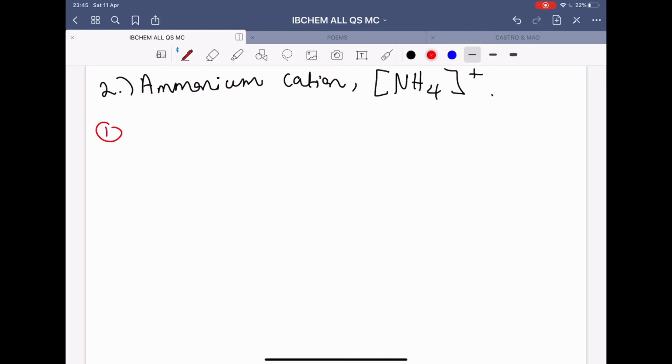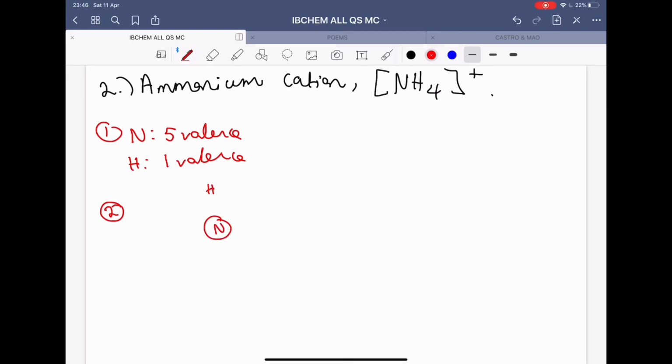I'm going to follow the exact same process as I did in the previous question. The process of how you find the molecular structures and geometries is exactly the same for every single molecule you'll be given in an exam. It's just a matter of figuring things out, really.